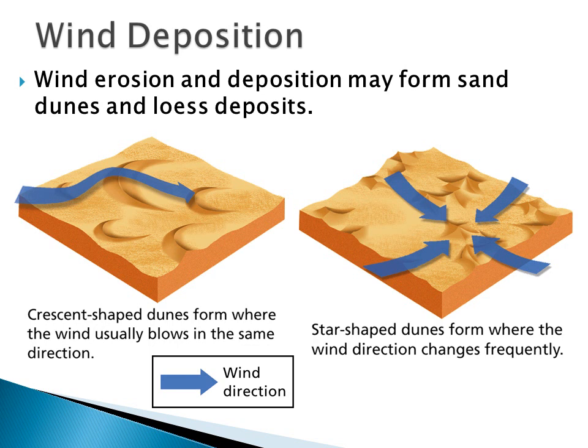Loess deposits are sediments smaller than sand, such as particles of clay and silt, dropped far from their source in large deposits. Such fine wind-deposited sediments are called loess.